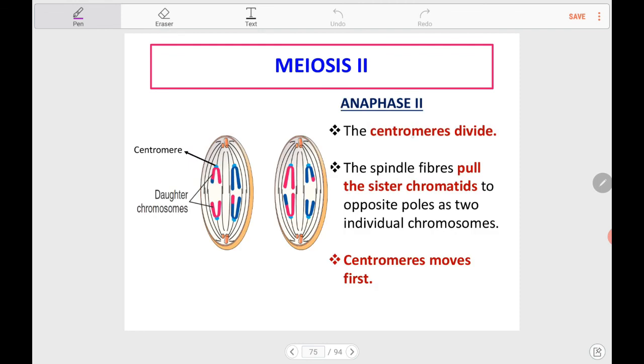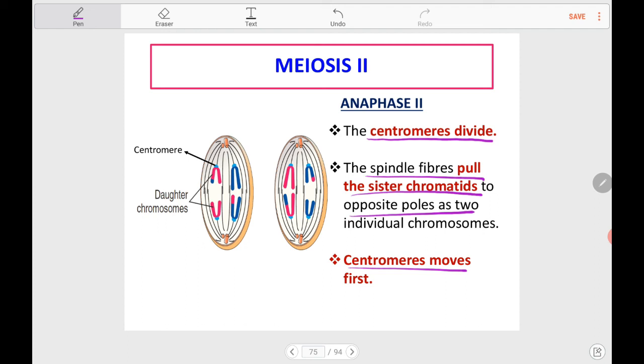Next, anaphase 2. So during anaphase 2, at this point, the centromere will divide. So kenapa centromere divide? Is because the spindle fiber will pull the sister chromatids towards the opposite pole. So before the sister chromatid can move to the opposite pole, the centromere will have to split. So kenapa centromere to split?